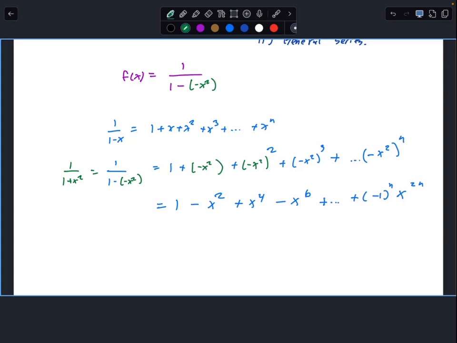And so 1 over 1 plus x squared, if I were to find the Taylor polynomial, or the Maclaurin series, sorry, would be this series from n equals 0 to infinity of negative 1 to the n, x to the 2n.